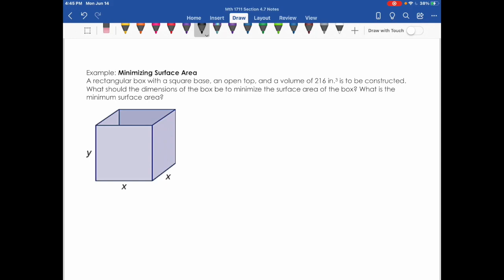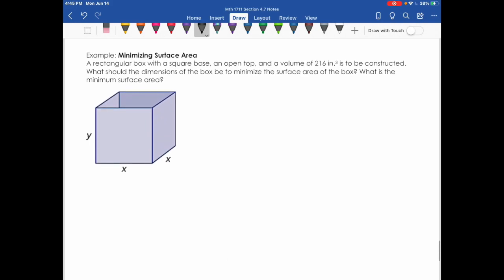What is the minimum surface area? A lot of times you'll hear companies wanting to minimize the surface area because when they do that, it minimizes the cost of the materials that they need.